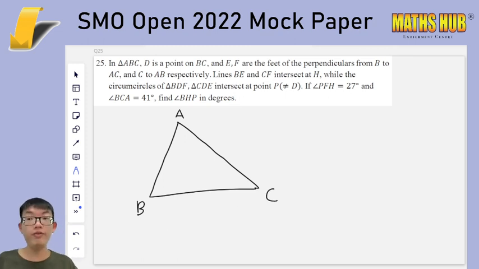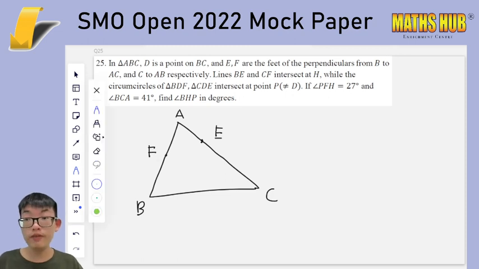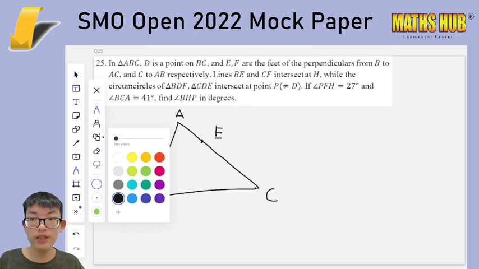I'll hold that off for a moment. E and F are the feet of the perpendiculars from B to AC and C to AB respectively. Okay, so let's draw in those perpendicular lines with a different color.